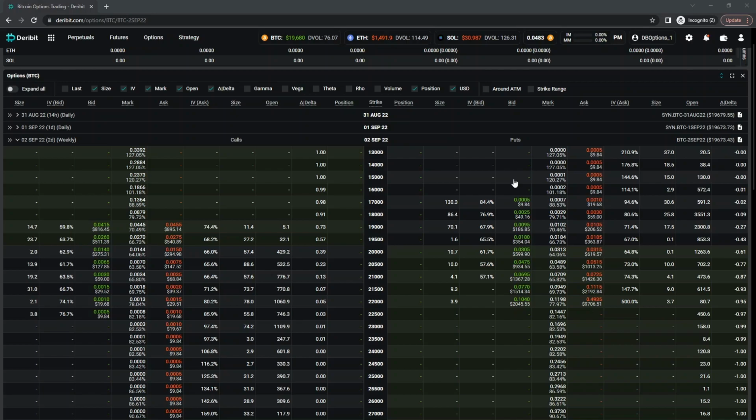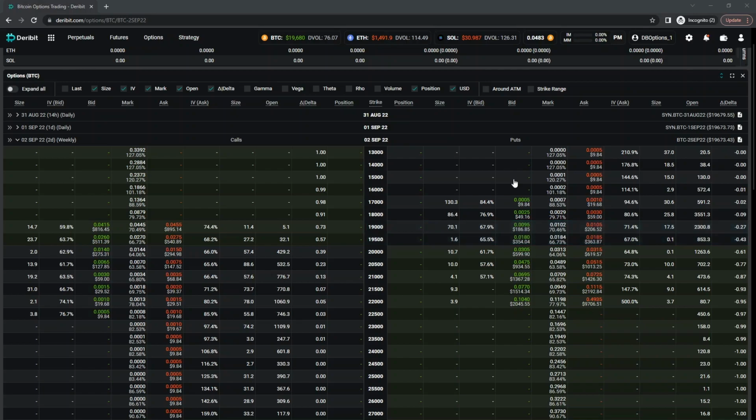This is the option chain for Bitcoin, and we are looking at the options that expire on September 2nd. We can find the put options that expire in about 2.5 days listed on the right. We like the look of the 19,500-19,000 bear put spread, which means we want to purchase the $19,500 strike put and sell the $19,000 strike put.